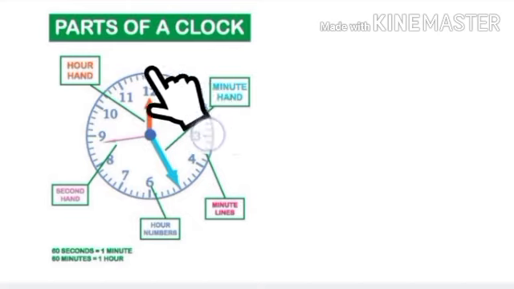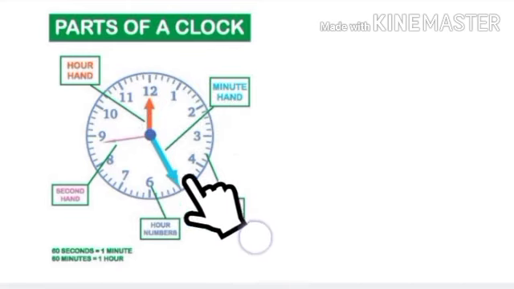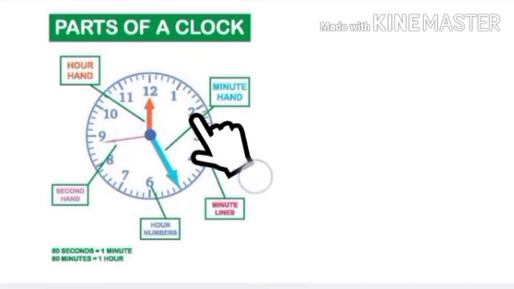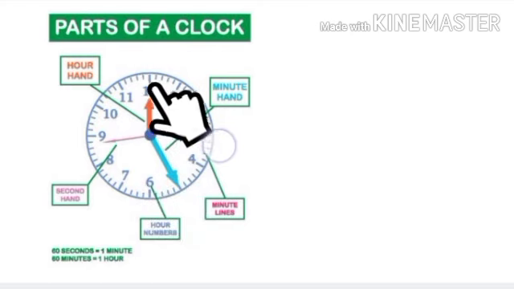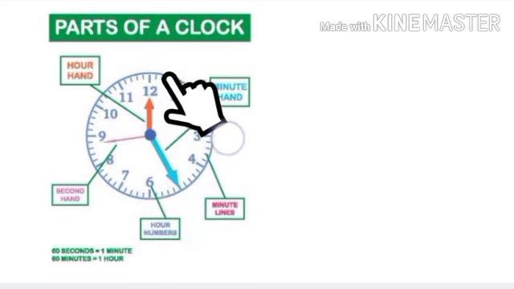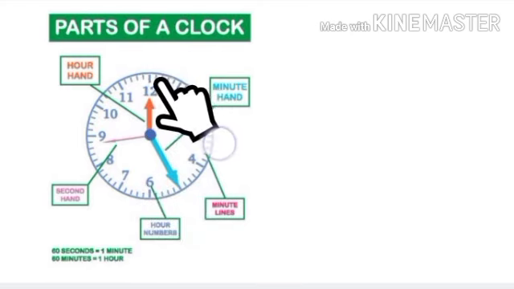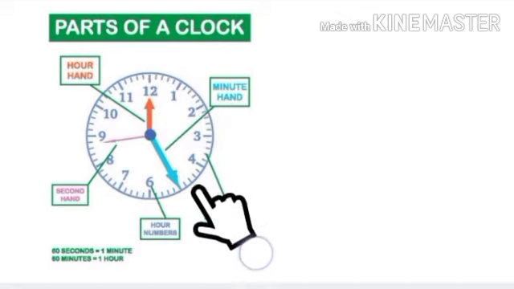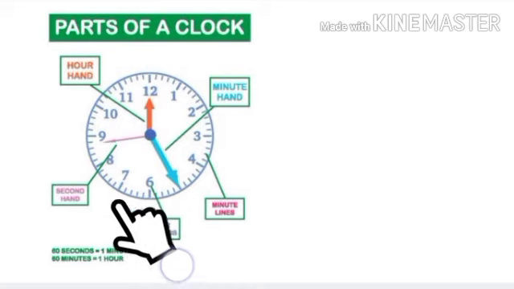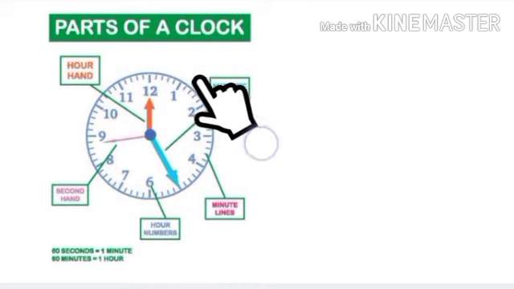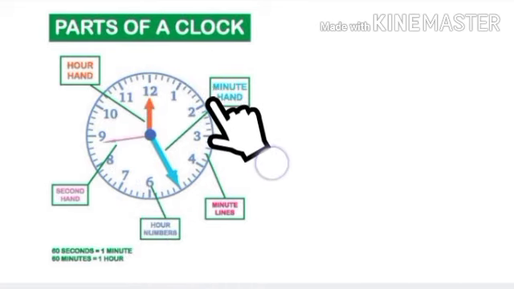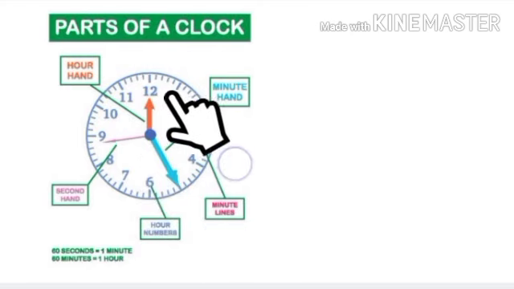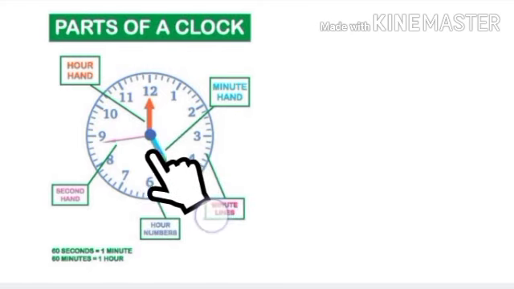We have some numbers inside the clock that are all called hour numbers. In between the divisions, we have small lines. These lines are called minute lines. The face of the clock is called the dial.